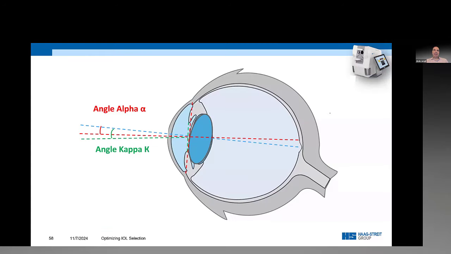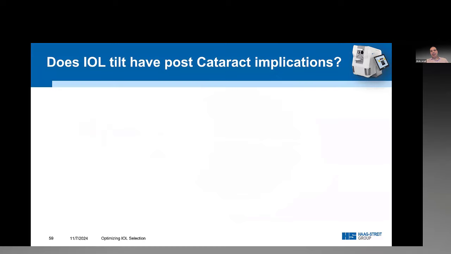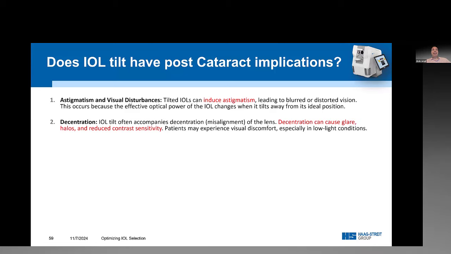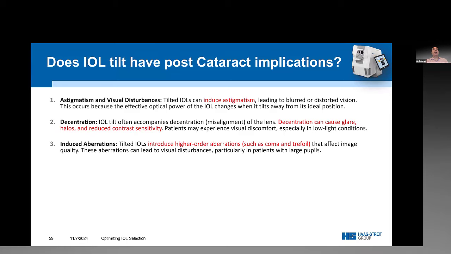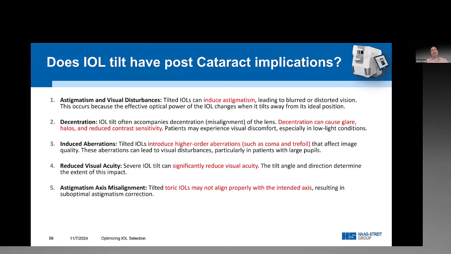So if the lens is tilted, that means the implanted IOL will be tilted as well. This has several implications on visual outcome after cataract surgery. The lens tilt will induce astigmatism, it will cause glare or halos or reduced contrast sensitivity, it will introduce some high-order aberration and reduce visual acuity.